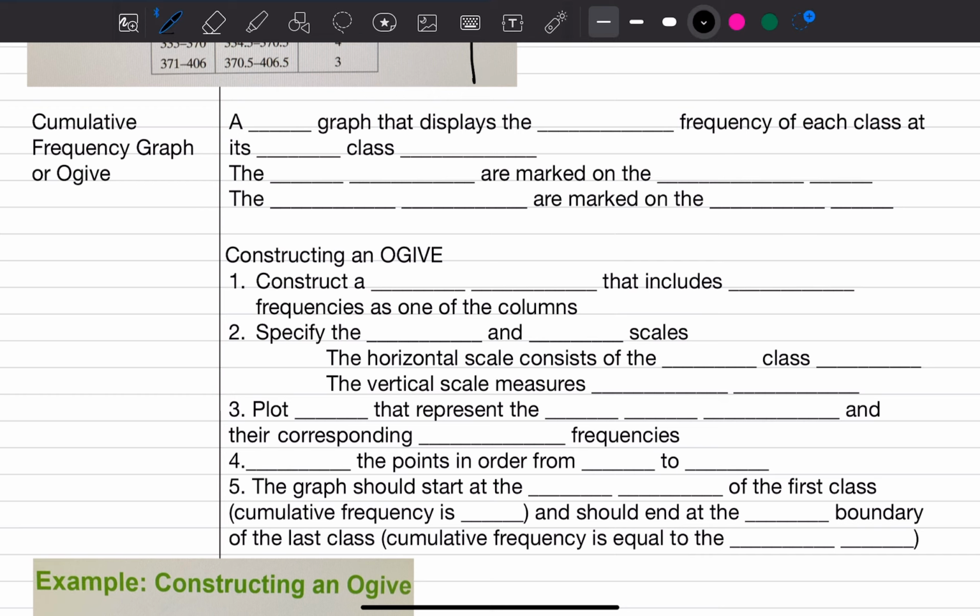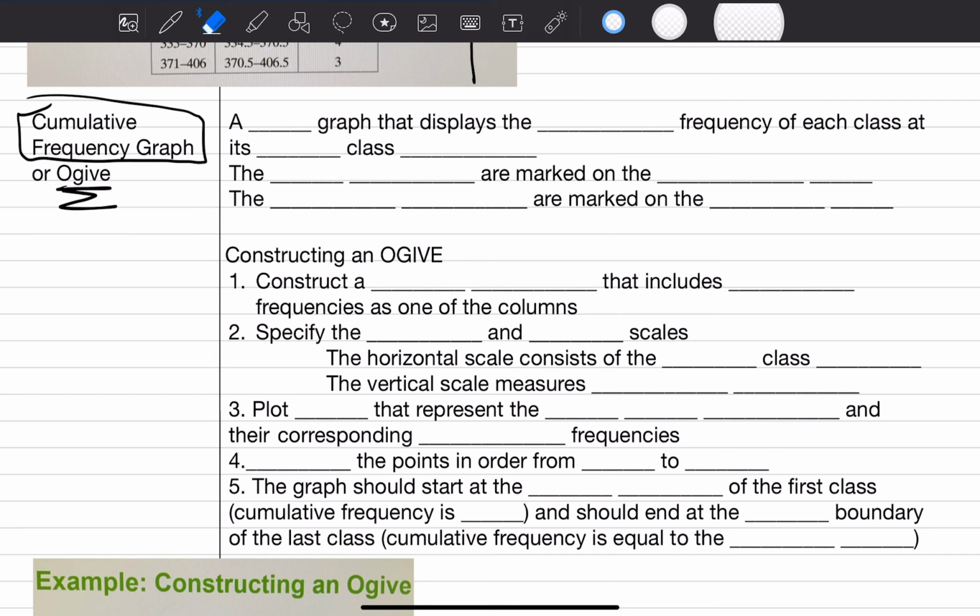All right, we're almost done. Now we have a cumulative frequency graph or an OGIV, and this we did see last semester. Except we didn't call it an OGIV, we just called it a cumulative frequency graph. This is a line graph that displays the cumulative frequency of each class at its upper, very important, upper class boundary.